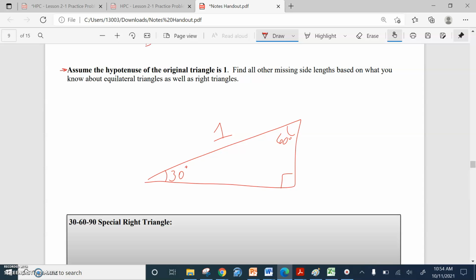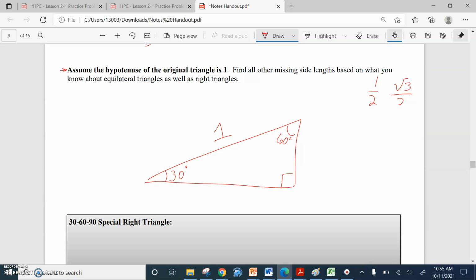But then even if you remember, one of the side lengths in a 30, 60, 90 is 1/2, and one of the side lengths is square root 3/2, you can do a quick memory check. Well, a smaller angle should go with a smaller side length. So smaller angle should project a smaller side length. Larger angle should project a larger side length. Well, we have two numbers to work with here.